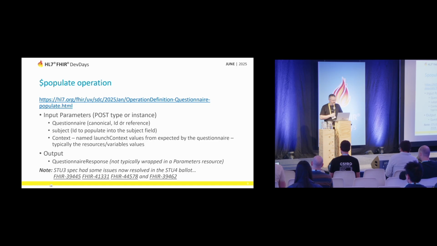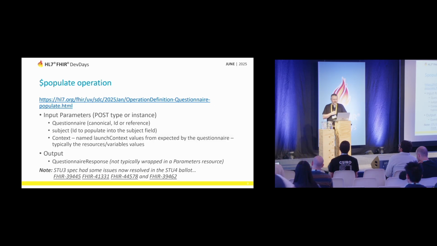Once again, the input to the operation is a POST, whether it's going to the type or the instance. So we can send it the questionnaire. If it's a service which doesn't have content on it, you can send the actual questionnaire in that POST. Or it could be an ID, or it could be a reference.